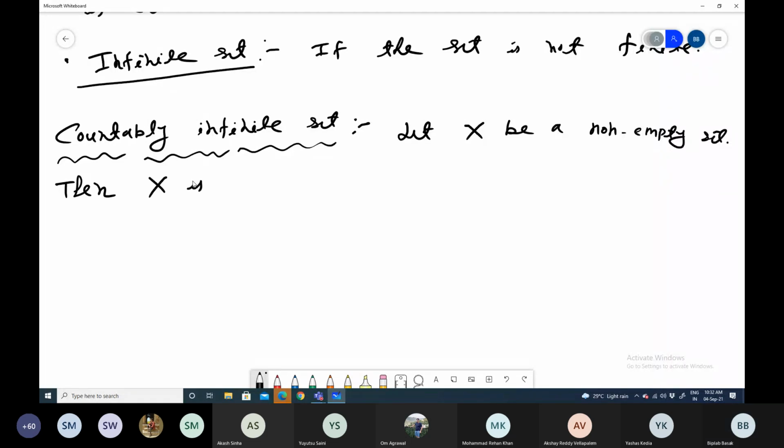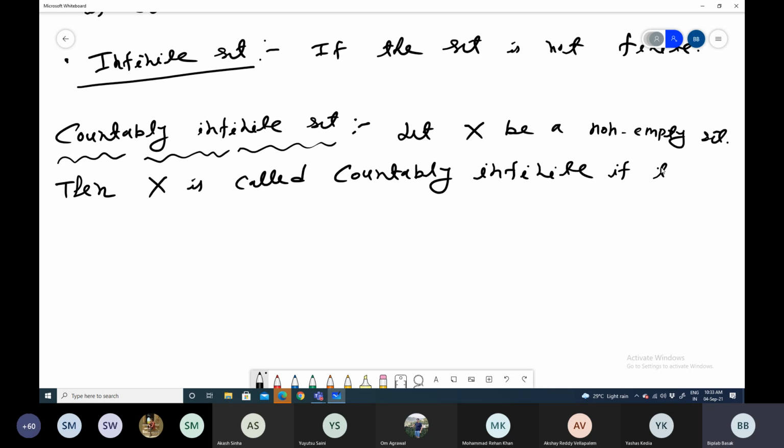Then X is called countably infinite if there is a bijection from N to X. Okay.